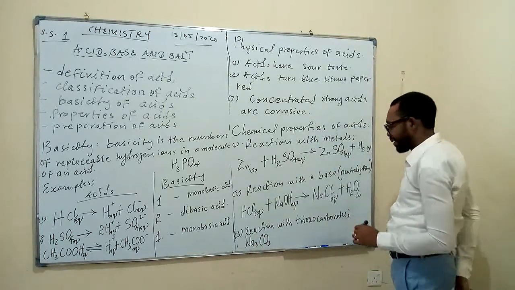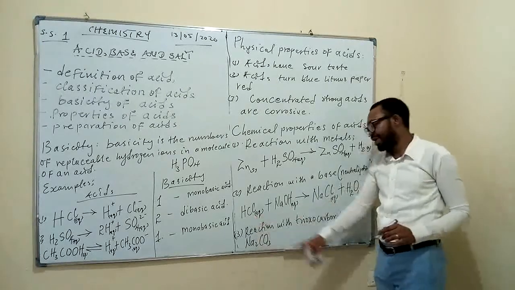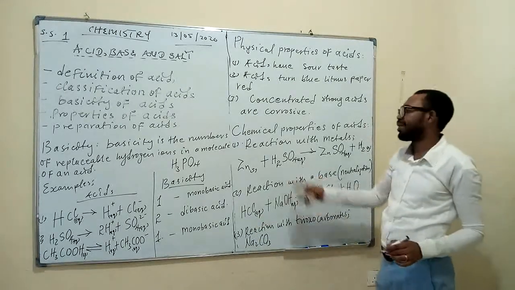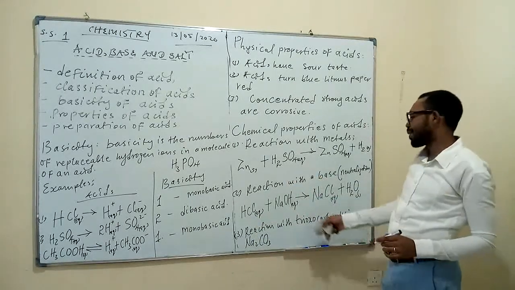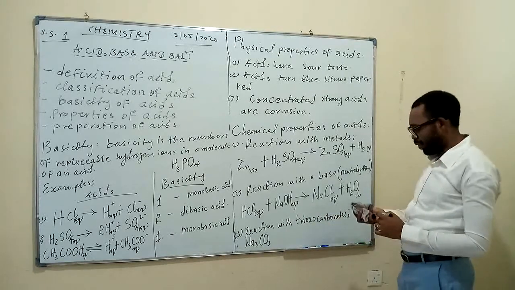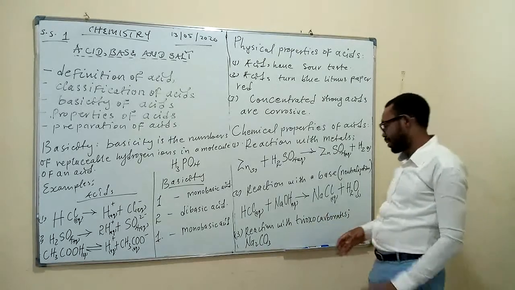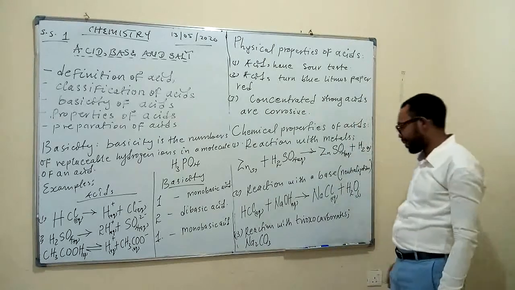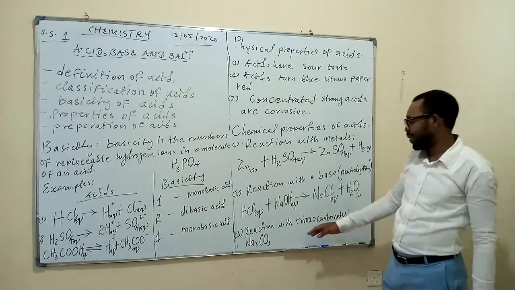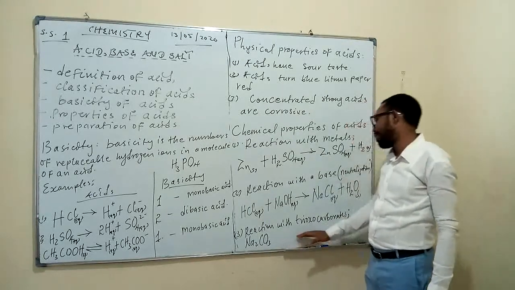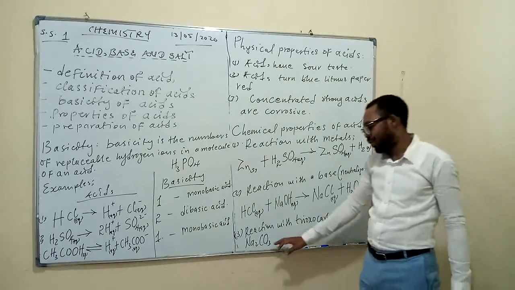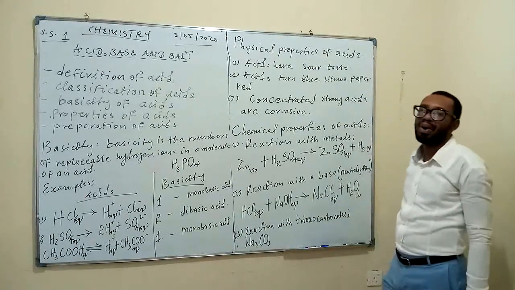Now, if an acid, either hydrochloric acid or sulfuric acid, reacts with this, it will produce the corresponding salt of that metal in there, will produce also water, and then produce carbon (IV) oxide.